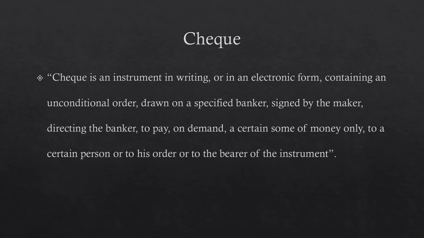It should also be signed by the maker or the drawer, and it provides a direction to the banker that a certain specified sum of money needs to be paid to the one who is presenting the same as and when demanded.